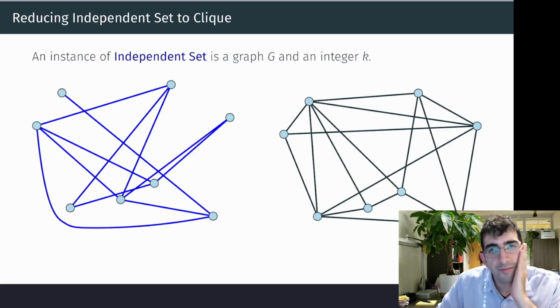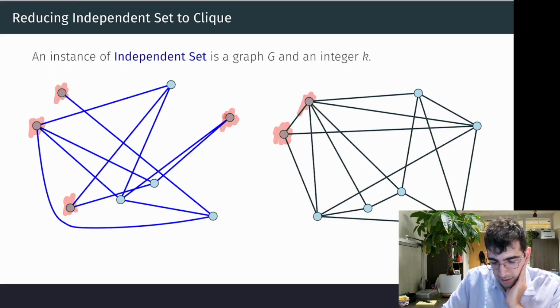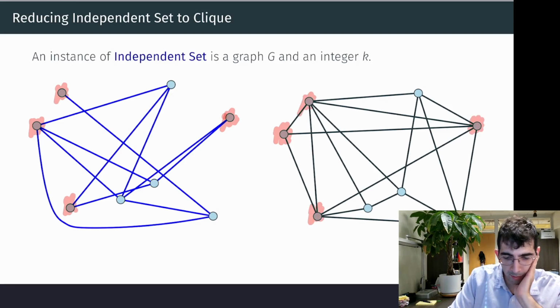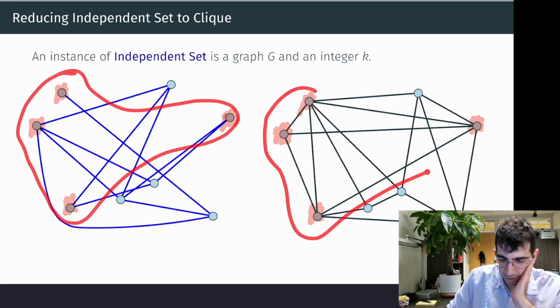What does this show us? Well, let's look at the independent set that we saw before: here, here, here. And let's look at those same vertices here. What is this showing us? If this was an independent set here, then it's a clique on the reverse graph.